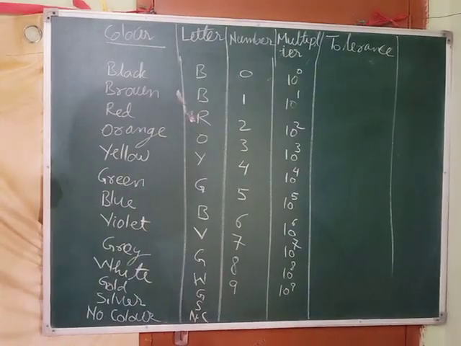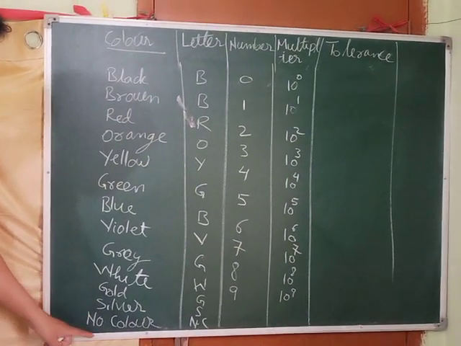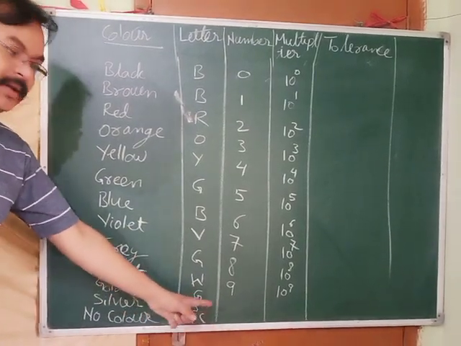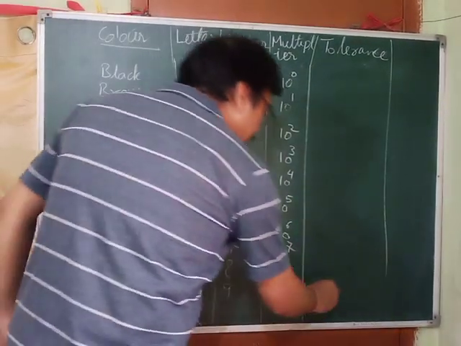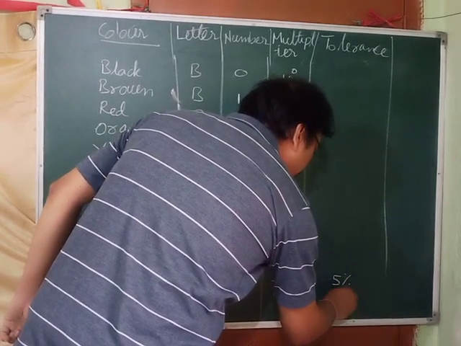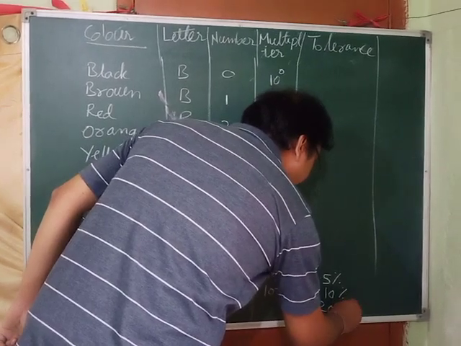Now tolerance is for 3 colors only, that is gold, silver, and no color, because for these three we have not given any number. For gold it is 5%, for silver it is 10%, for no color it is 20%.